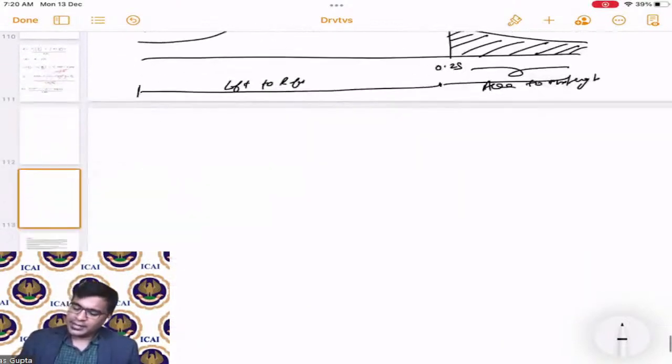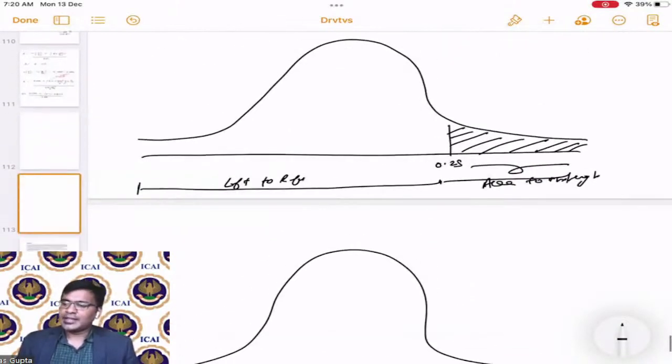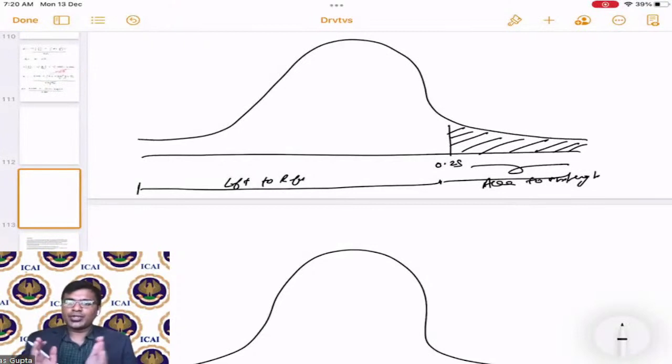Similarly, if we talk about the area to the left, we have already said that the normal distribution distributes the data evenly. Half of the data to the left will be 0.5, and half to the right will also be 0.5, 50%.